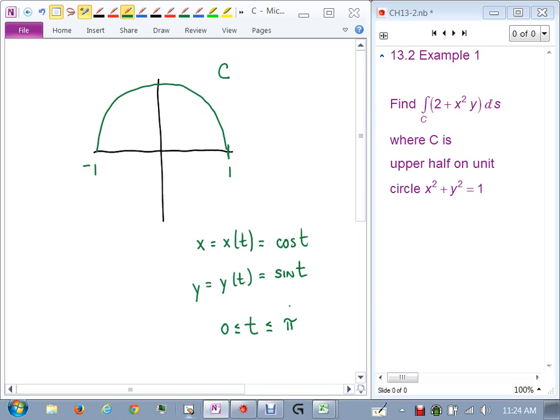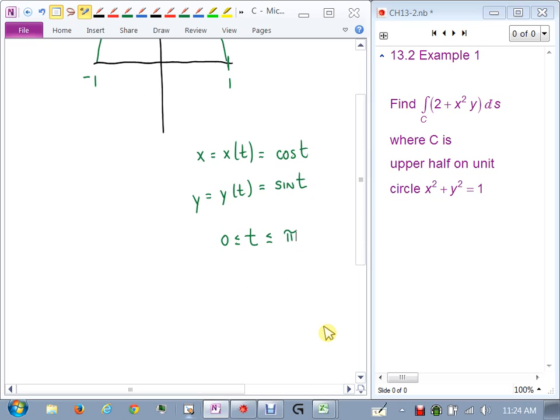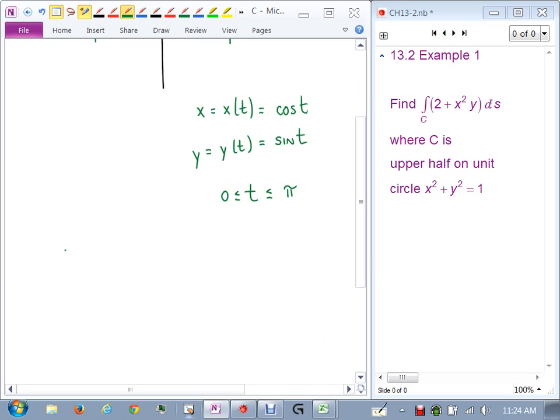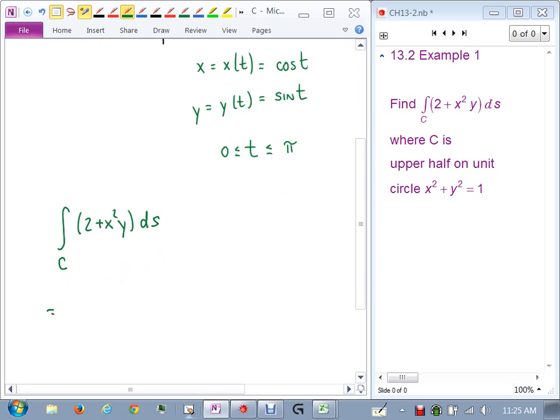The formula. So I'm going to need the derivatives of these, right? I'm going to need them to square the derivatives and take the square root and all that stuff, put it into the integral. So here's what I'll write so far. This line integral over C of 2 plus x squared y squared ds should be equal to the integral from 0 to pi of 2 plus, now what's x squared for me?